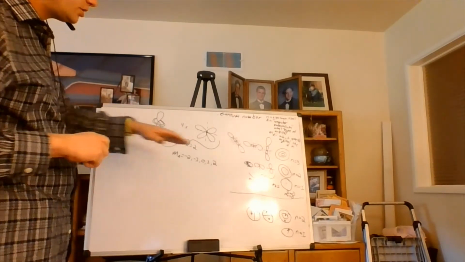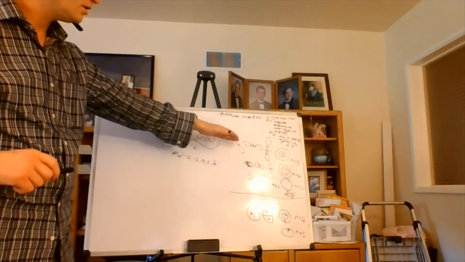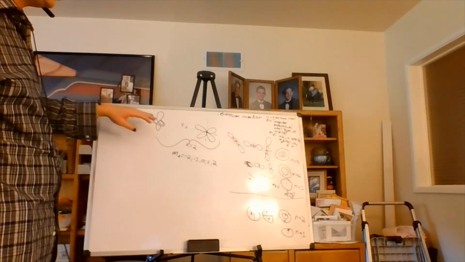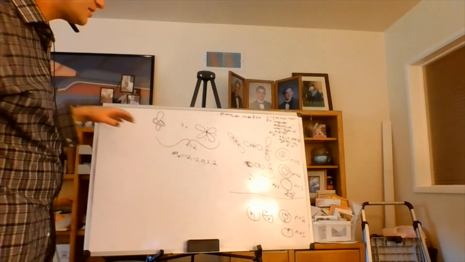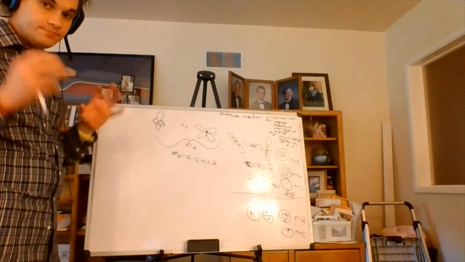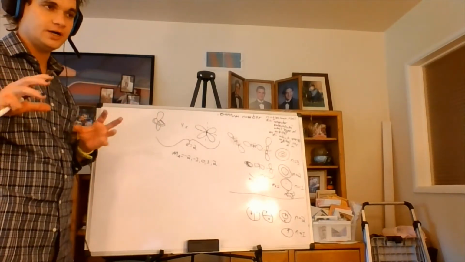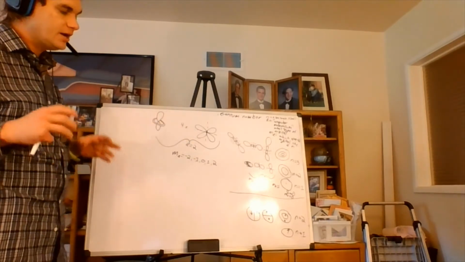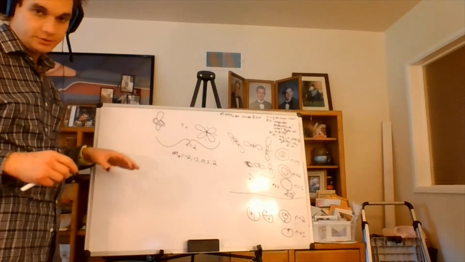So at each level of n that we go up, we end up with a vastly increased, a lot more orbitals that the electron can be in as compared to the levels below it.